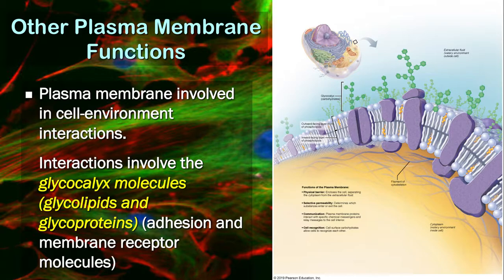Other functions of the plasma membrane, we're going to hit this pretty quickly. So the plasma membrane is involved in cell-environment interactions. So it helps the cell interact with what's around it, which makes sense because it is the outside of the cell. Okay?